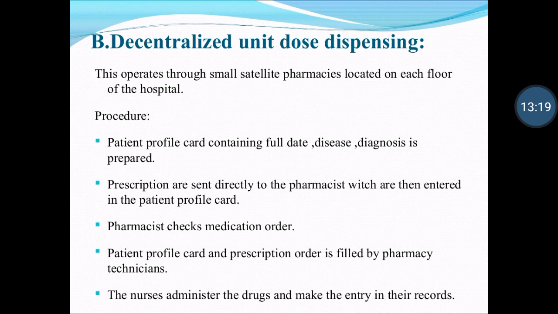Then the patient profile card and prescription order are filled by pharmacy technicians, meaning how much medication is available and can be given to the patient. The nurses administer the drugs and make the entry into the record. Nurses check the medicine supplied by the pharmacy, and after administering it to the patient, they make the entry in the patient's record that the medicine is given.